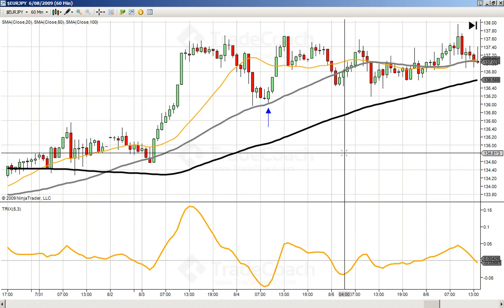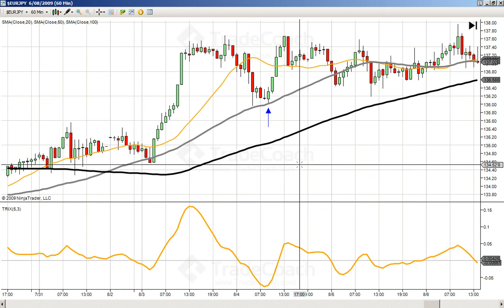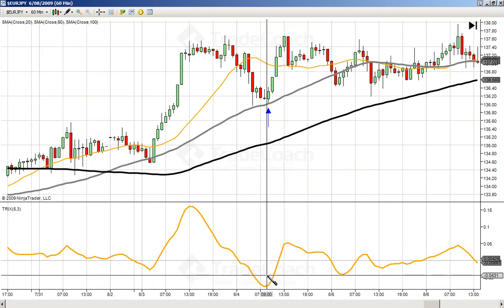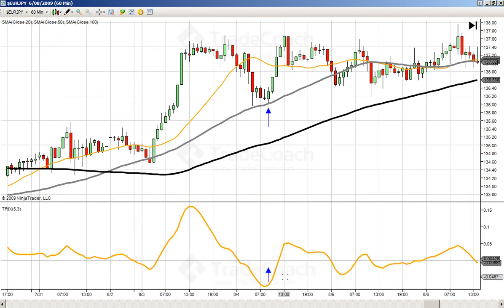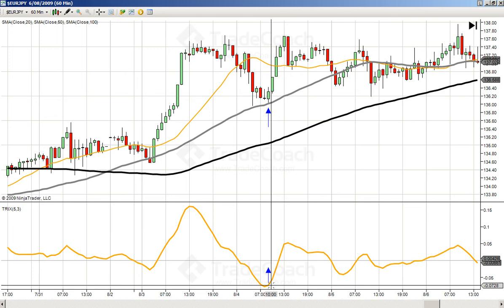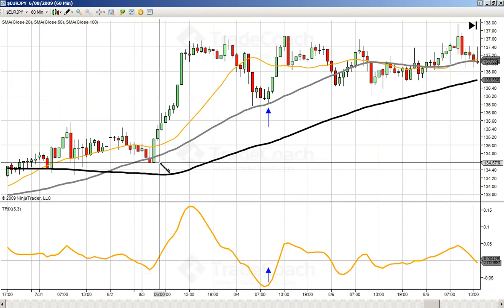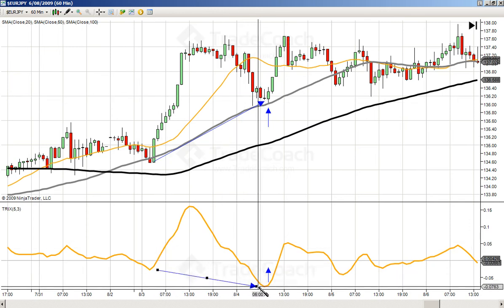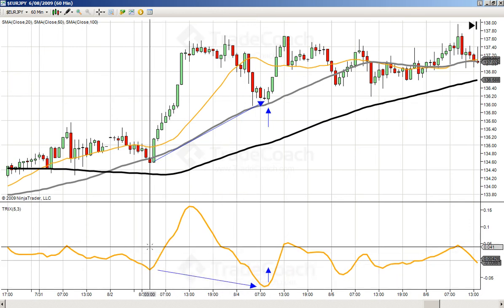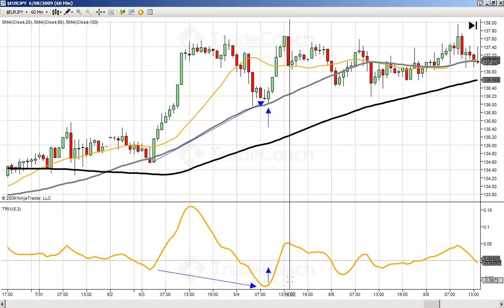Now here I'm saying price is bouncing off the 50 MA right there. And I like it because the TRIX is curling upwards at that point. It's just bottomed out and turning up. But I'm particularly fascinated by this particular curl up because price has made a higher high, but the TRIX has a higher low, but the TRIX has made a lower low before curling.